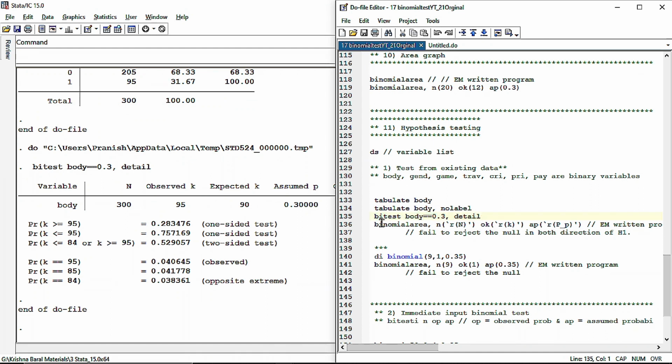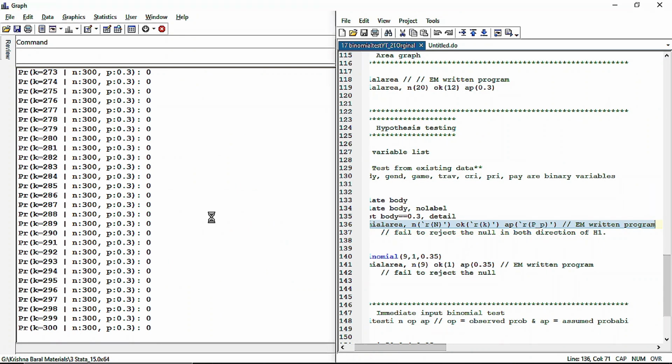And our alternative hypothesis, and for the corresponding values, let us draw that area graph that we have just drawn, and let us keep these values in mind. K greater than or equal to 95, we have 28%, and less than or equal to 95, it's 75%.